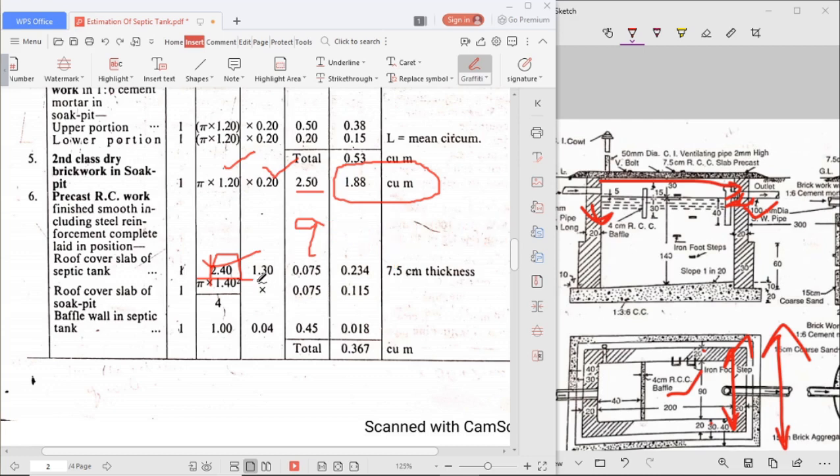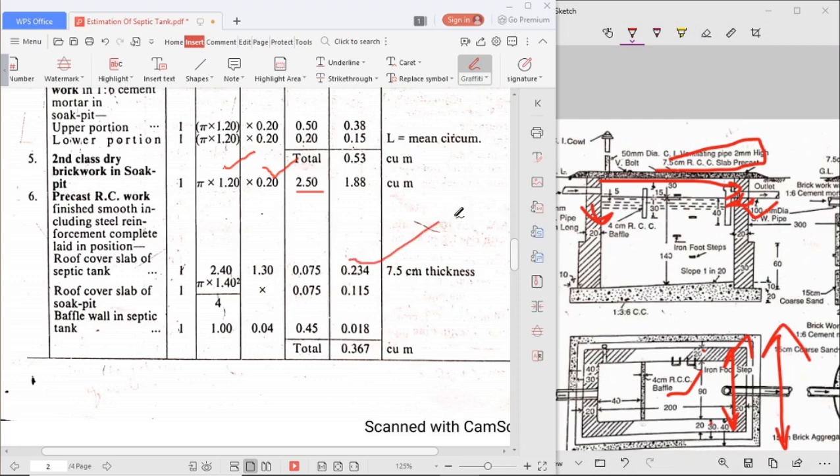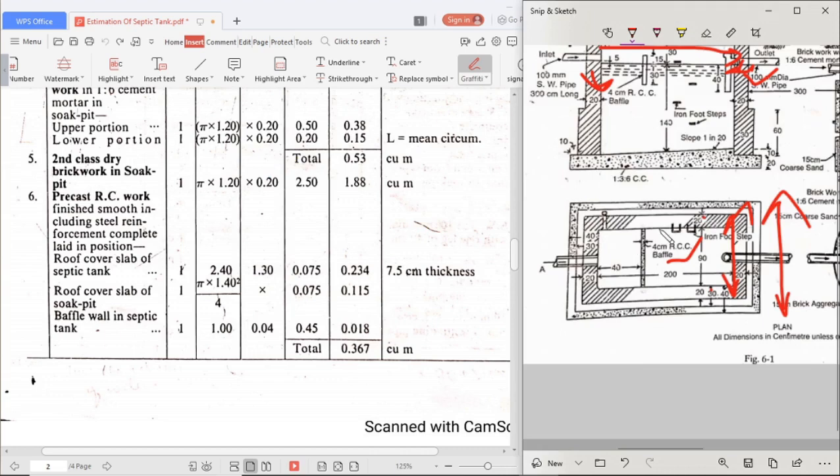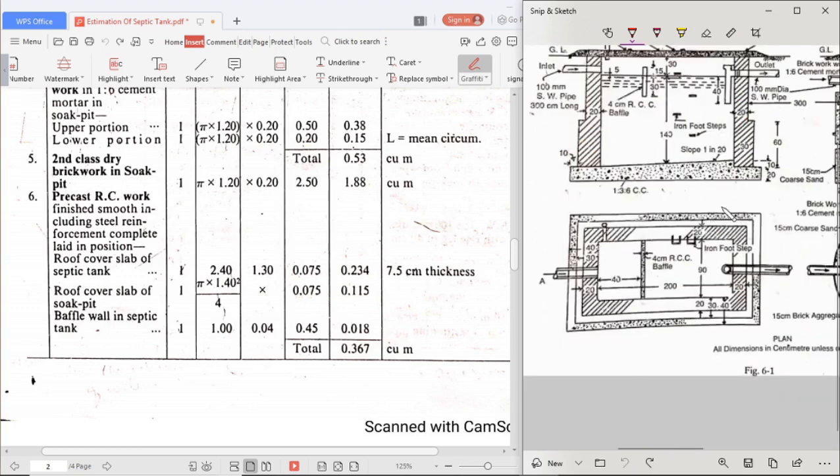So 2.40 into 1.30 into 0.075, as they have given a 75 millimeter precast RCC slab. If we multiply it we will get 0.3534 as the quantity. This was the calculation for the precast slab of the septic tank.